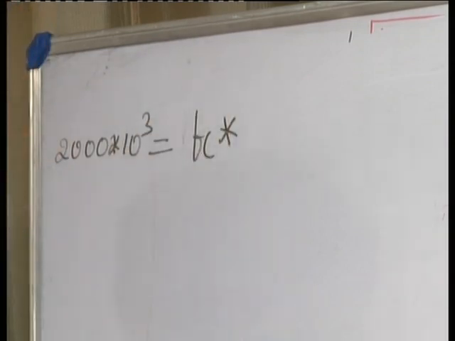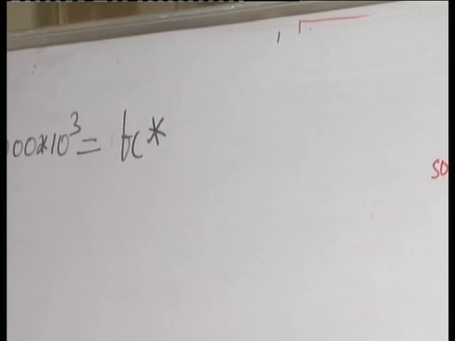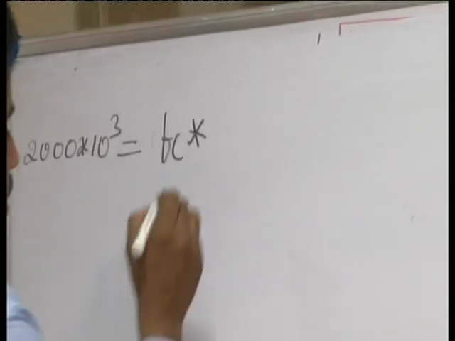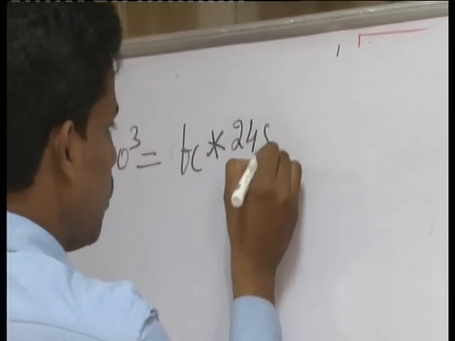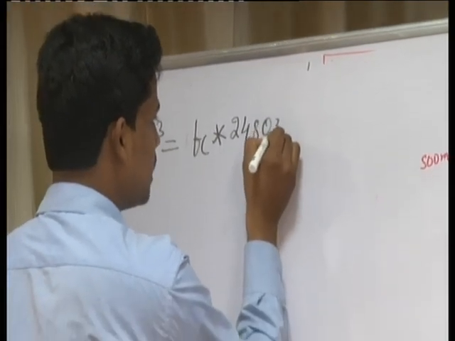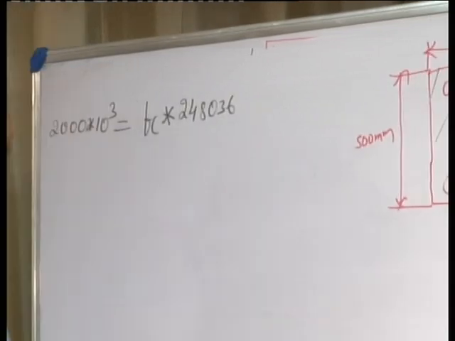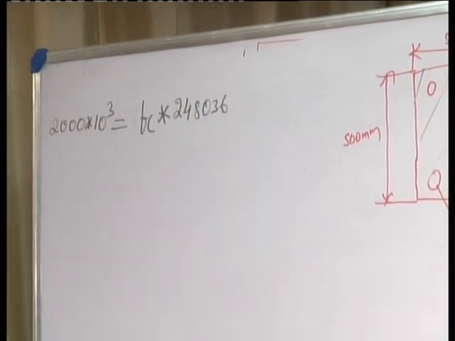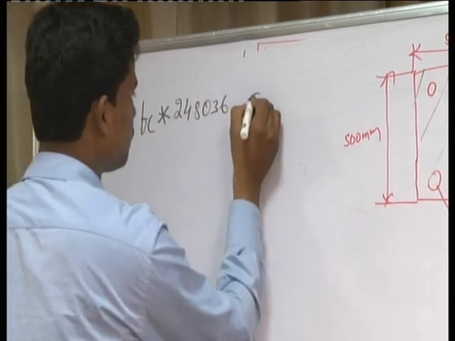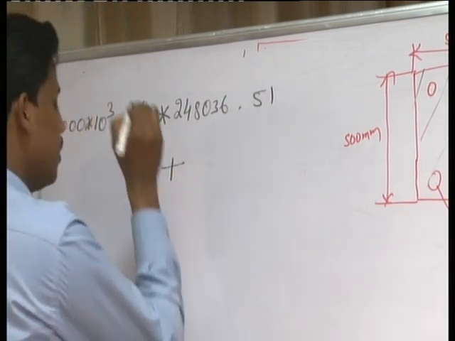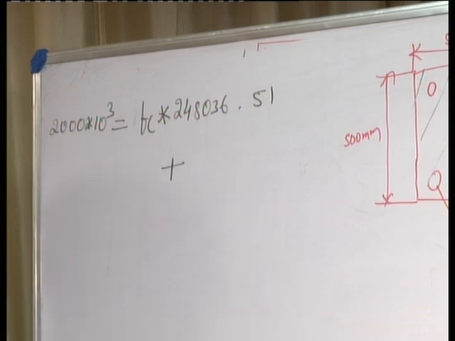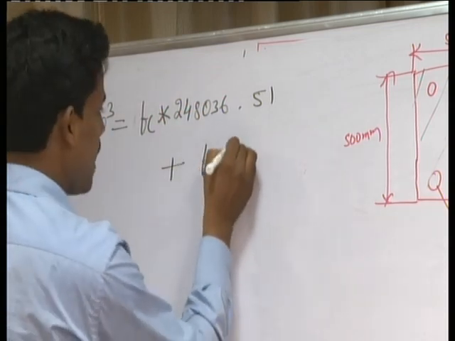Now we know that the area of concrete is 248036.51. Now you have to substitute the expression for Fs and As.